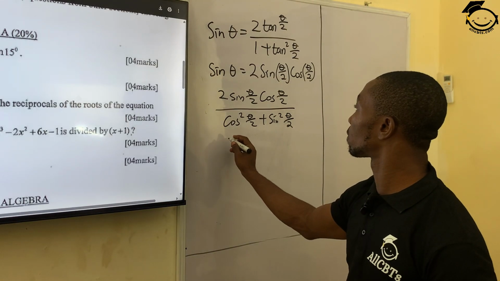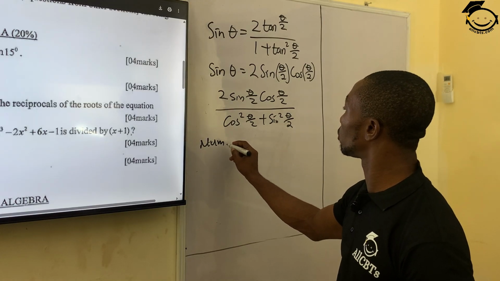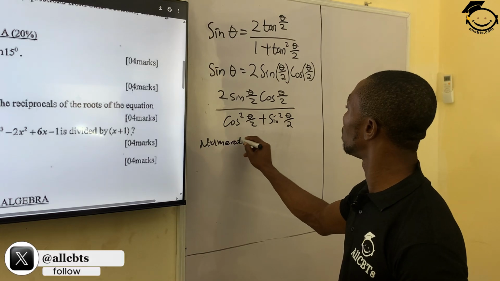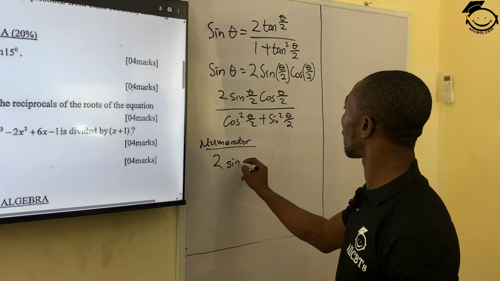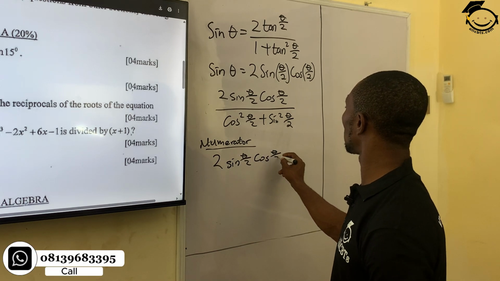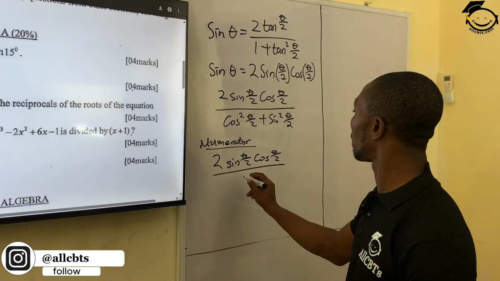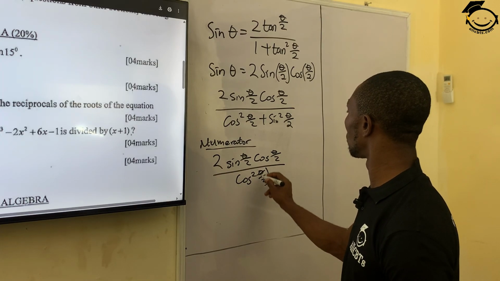So this becomes, for our numerator, let's separate it. Numerator: we are having 2 sine theta over 2 cos theta over 2 divided by cos squared theta over 2.